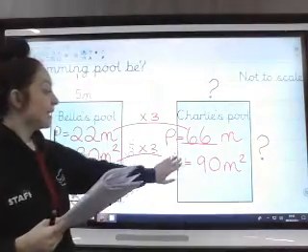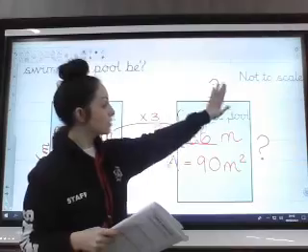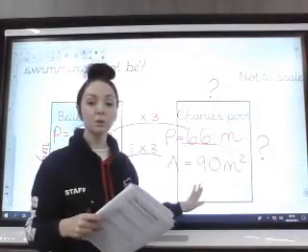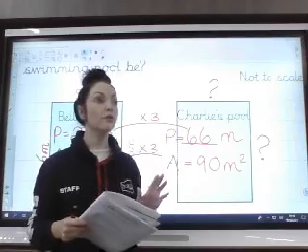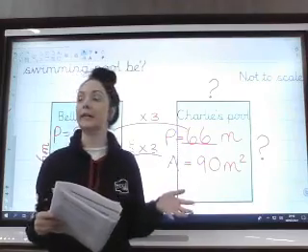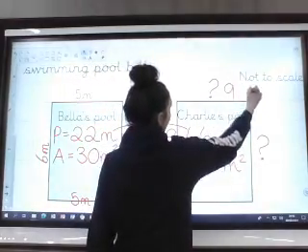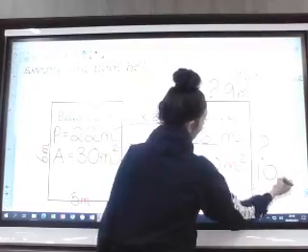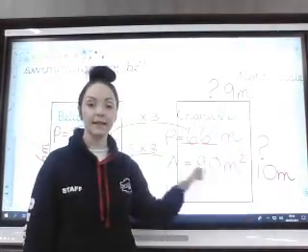So if your area is 90 metres squared, you know that these two must multiply together to get 90. For example, it could be 9 and 10, because 9 times 10 is 90.